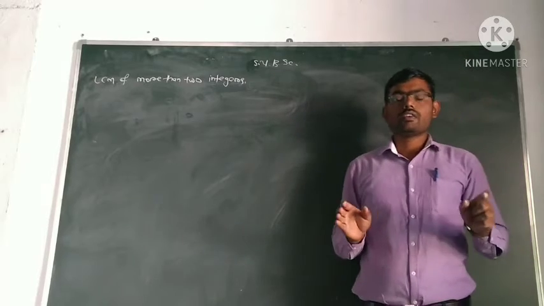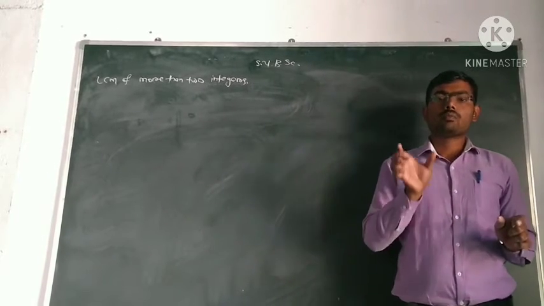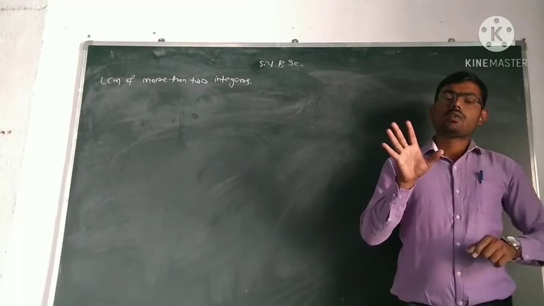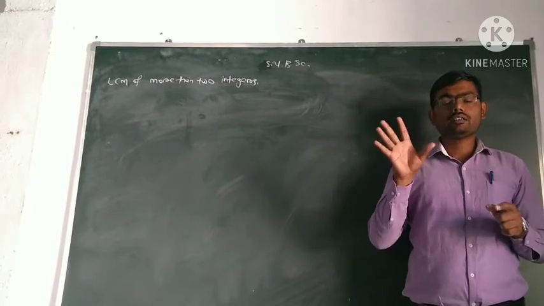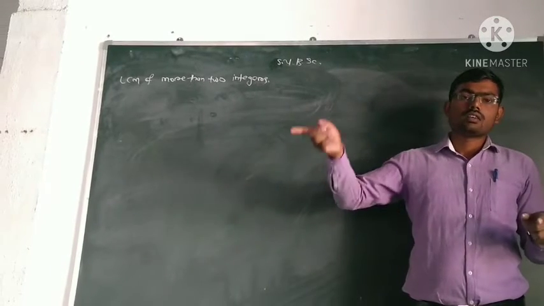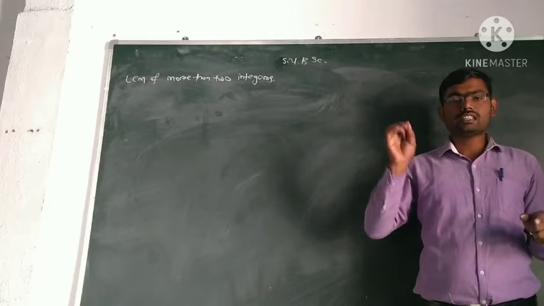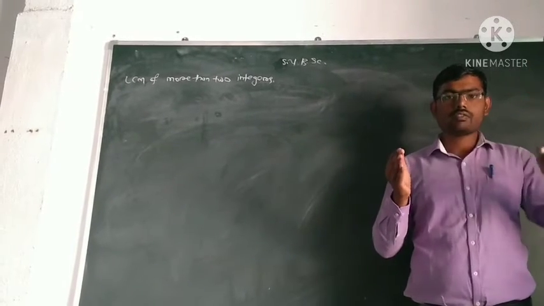Now if I ask what is the least common multiple of more than two integers, suppose of 5 integers, the concept is the same. Find the common multiples of those 5 integers, meaning the numbers which are multiples of each of the 5 numbers.